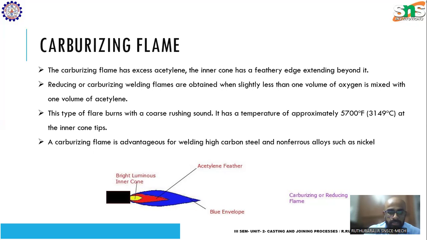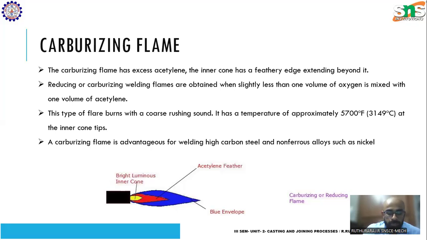Hence, this carburizing flame will be larger in nature compared to neutral as well as oxidizing flame. The reason being, excess oxygen is needed during the welding process because here acetylene is more than oxygen.